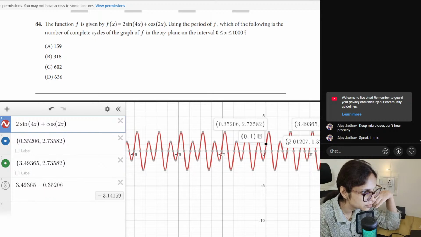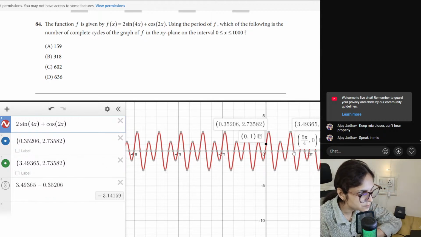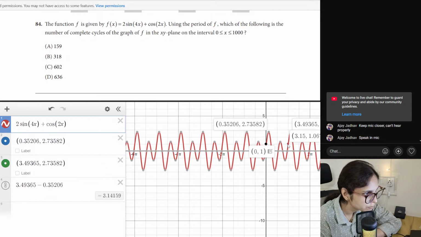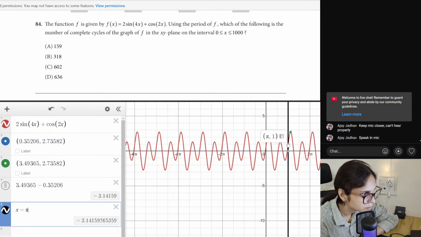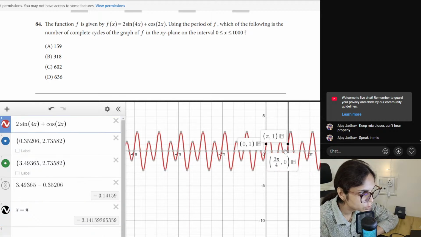This is at 0, pi over 8, pi over 4, and this is 5 pi over 4. And let me write x is equal to pi. Yeah. So the period is pi. Okay.